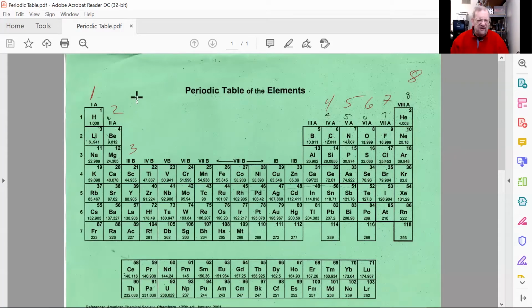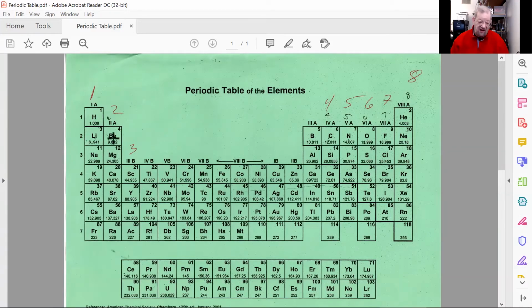And how do you find the outermost valence electrons? You look at the number on top of each column. Hydrogen is in this column, even though it's not an alkali metal, it still is in this column because it has one valence electron, like lithium, sodium, potassium.